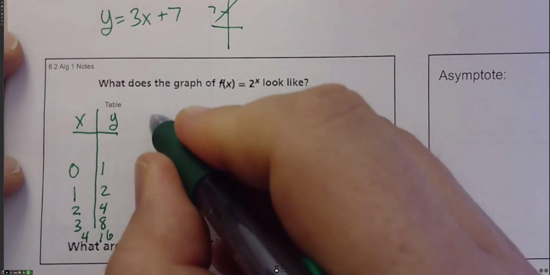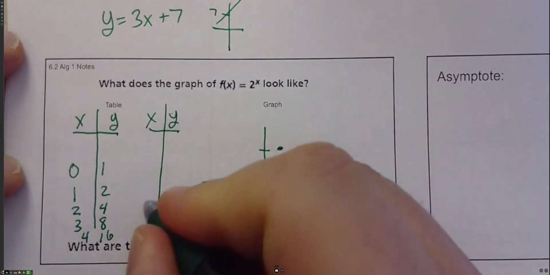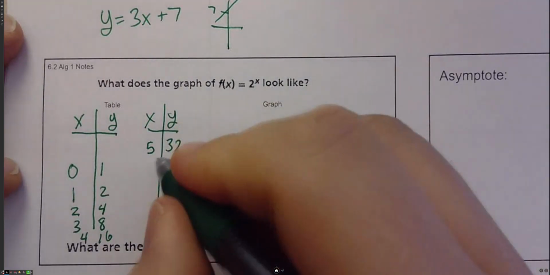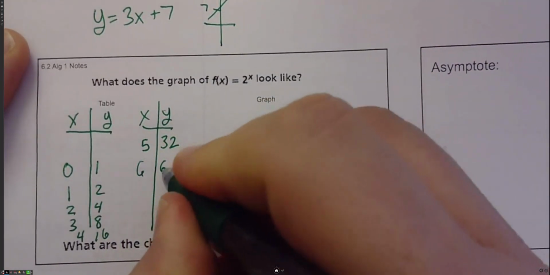I think I need more table, so I'm going to add another table here. Hopefully you have room. Then 5 is 32. What is this number doing? It's doubling. And then 6 is 64.